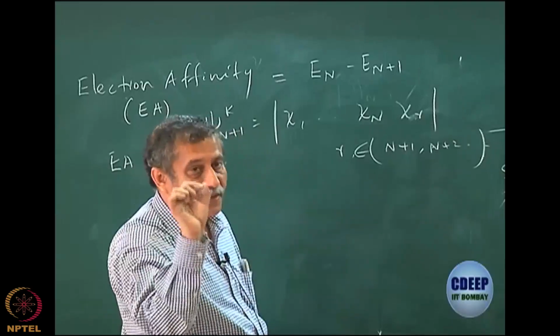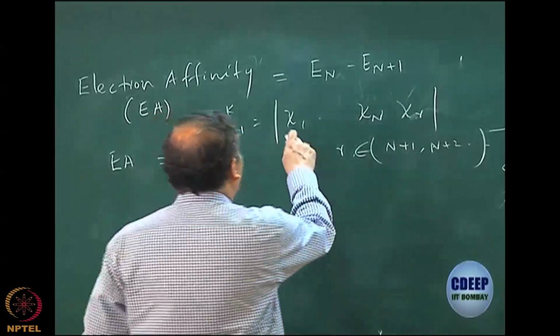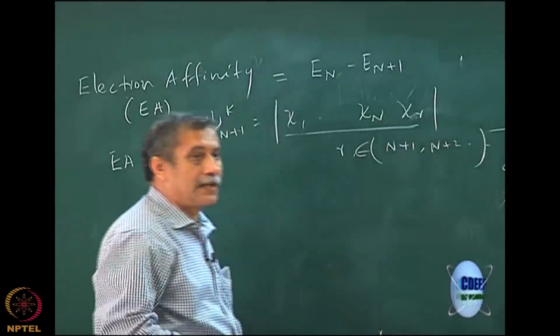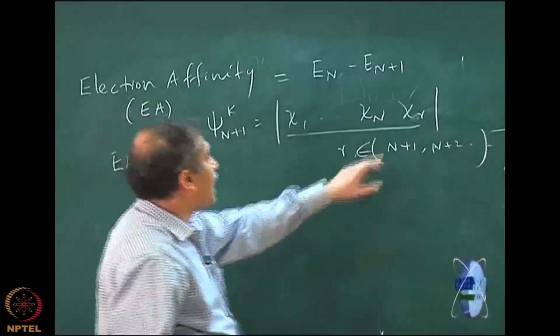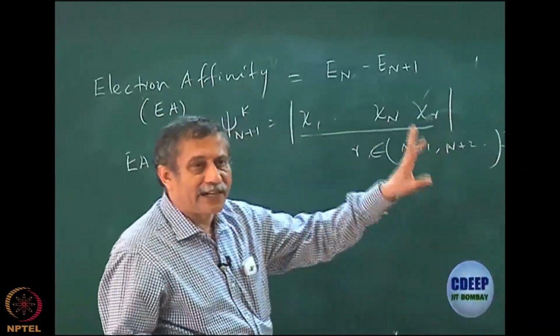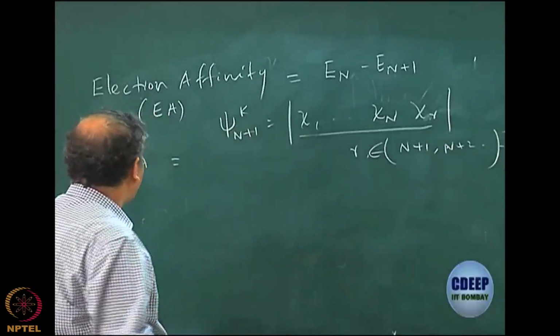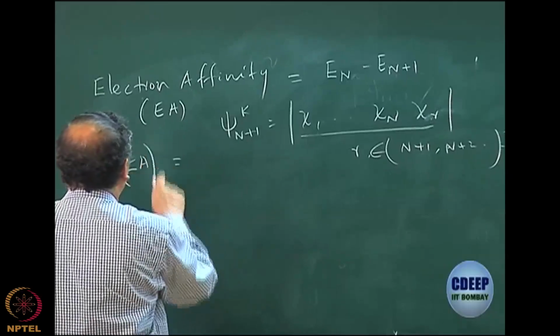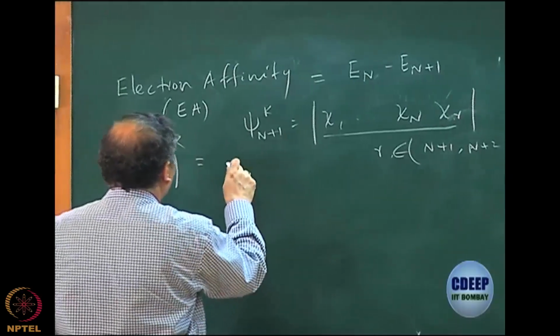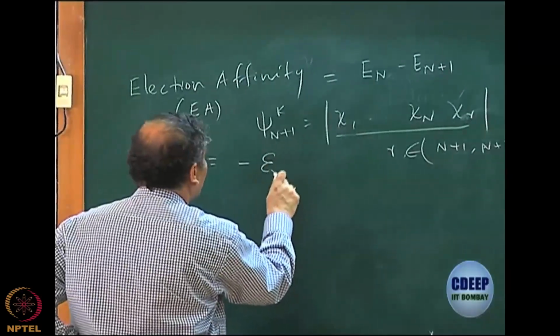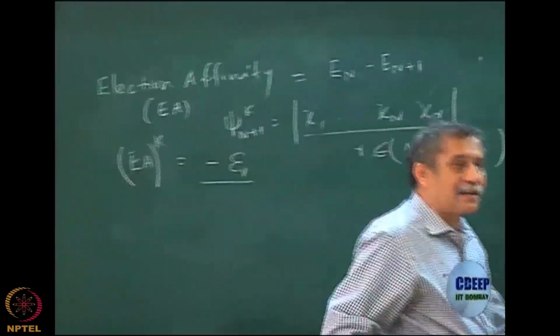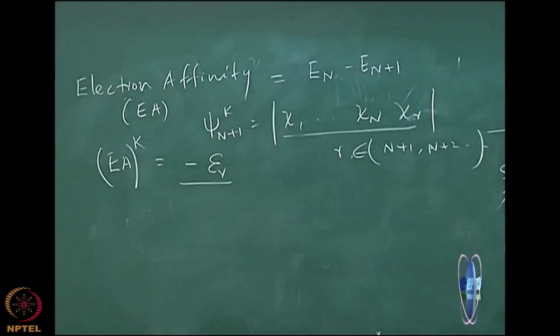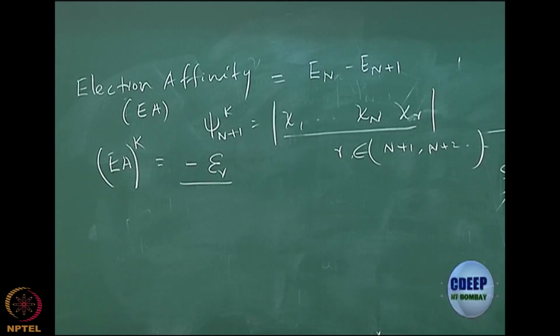I add a spin orbital, which means I am now defining an N plus 1 electron determinant. Of course, this chi_r can be anywhere, it does not matter, because they are all antisymmetrized. Then Koopmans says that the electron affinity in the Koopmans approximation can now be called minus epsilon_r, just like I said minus epsilon_j for IP.